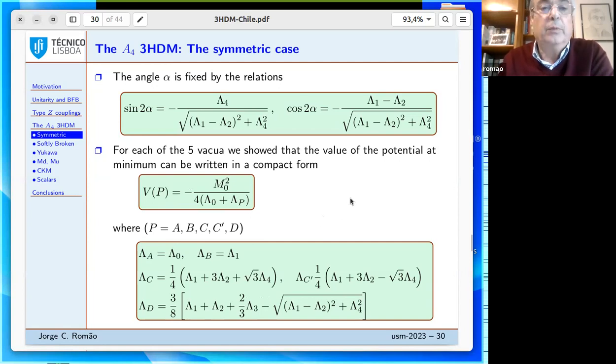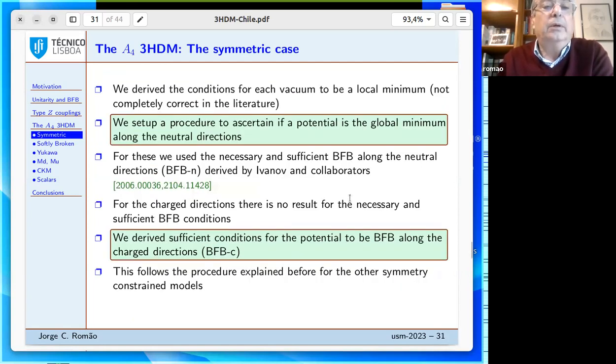For the symmetric case, we also derived conditions for each vacuum to be a local minimum. In fact, this was not completely correct in the literature, so we corrected some misprints and mistakes in the literature.